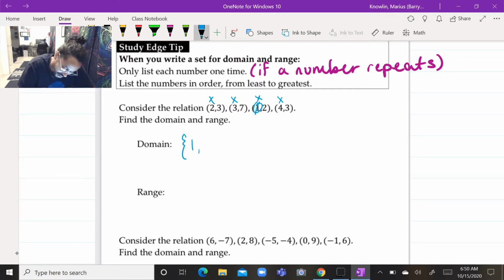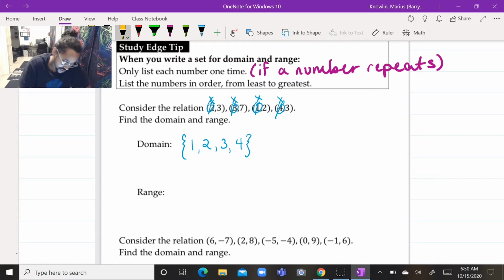Next is +2, so I'll circle it and cross it out. And now we have 3 and then 4, so circle the 3, cross it out, and then circle the 4 and cross it out. So those are the set of domain values.